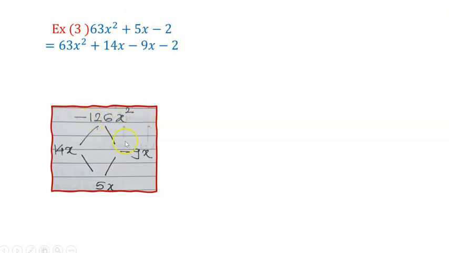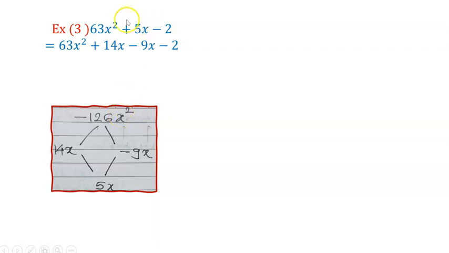What about the middle term? The middle term is 5x. Now find two numbers whose sum is 5x and whose product is minus 126x square. The two numbers are plus 14x and minus 9x, whose sum is plus 5x and their product is minus 126x square.